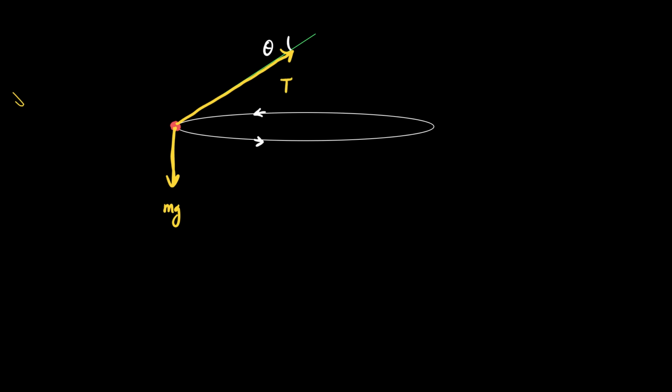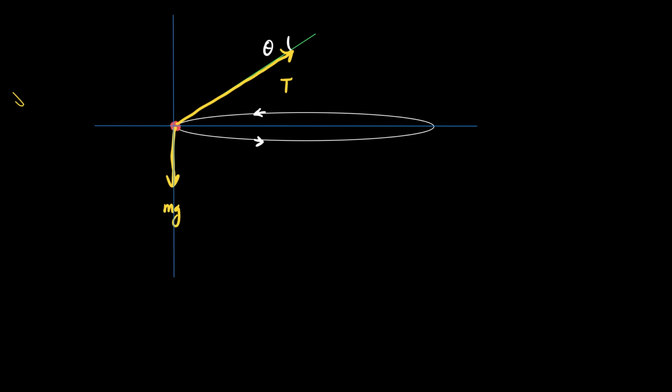In order for the ball to travel in a circular path, there must be an acceleration towards the center. So I'm going to make towards the center the positive direction. I'm going to align my coordinate system with the x direction that will go through the center of the circle.